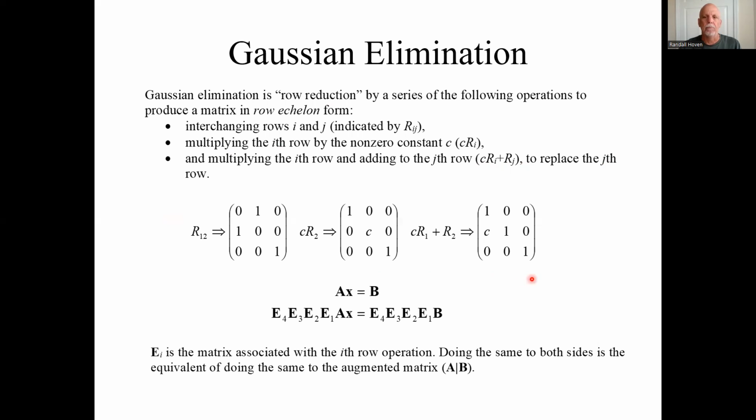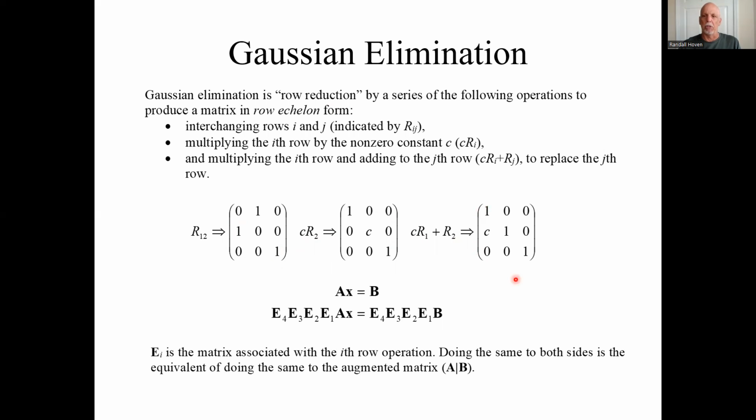Convince yourself that those three operations are really ones I could do by a matrix multiply. Switching two rows, say rows 1 and 2, I would multiply the matrix by this matrix. If I just want to multiply row 2 by c, I'd multiply it by this matrix.